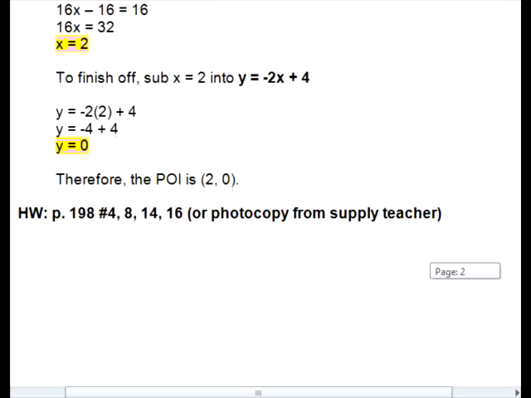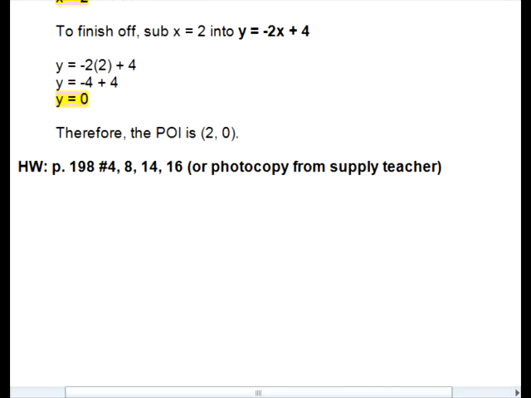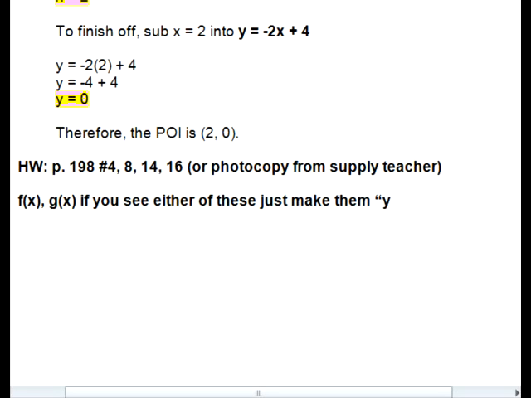One thing I just want to note before we continue here. First of all, thanks for paying attention today. Secondly, on the homework sheet, there's things that say f of x and g of x. If you see either of these, just make them y equals.